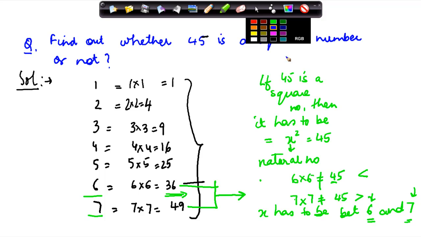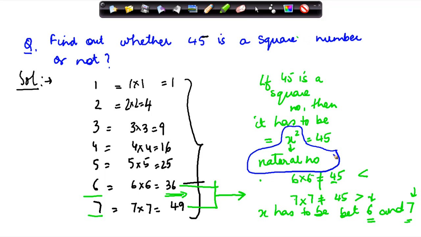But another condition is that x has to be a natural number. So we know that there is a number between 6 and 7 whose square, x square, is equal to 45. But between these two, there is no natural number.